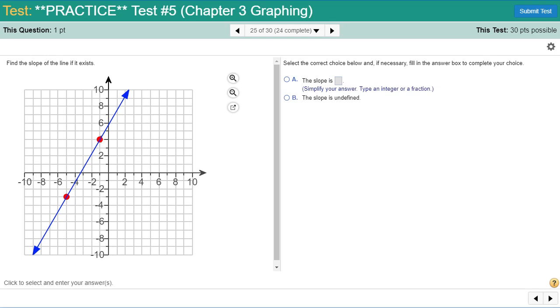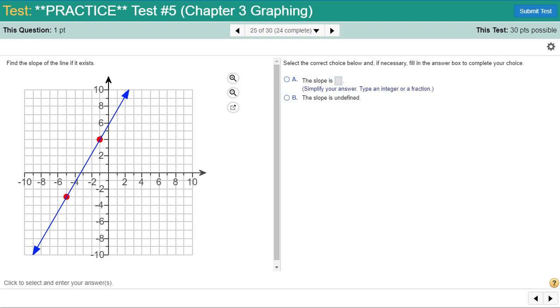Now, you can do this in one of two ways. Notice that this graph has identified, through the use of red points, two specific ordered pairs. So you can do the formula like we did in question 23 and 24.